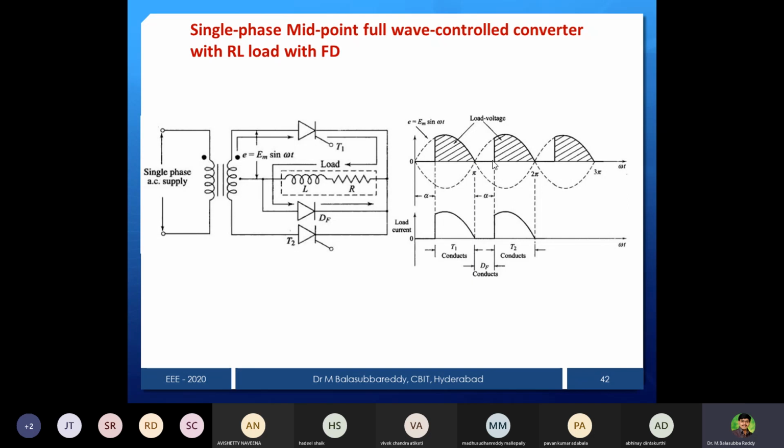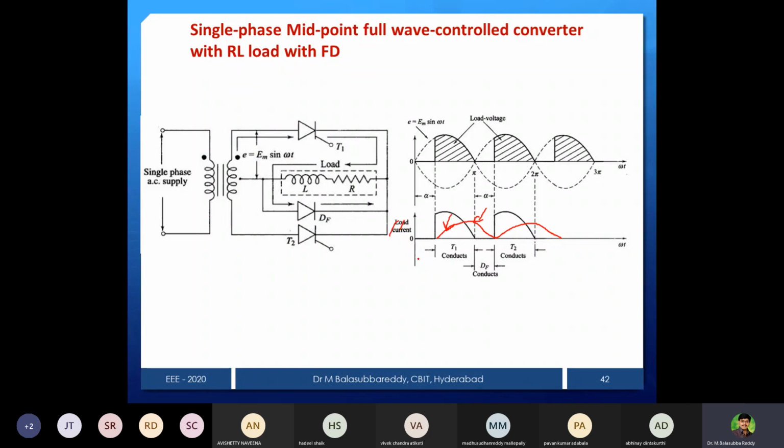Then at pi plus alpha, the instant is 0, because during this interval the current freewheels. Now if you draw the current waveform, this is the voltage waveform, same as before. The current waveform rises, then decreases like this, and then goes like this. This portion is carried by the freewheeling diode, and this portion is carried by the thyristor.